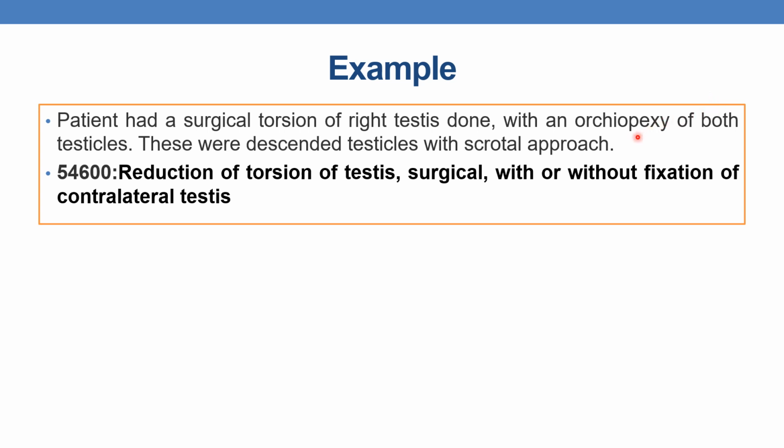Opexy is nothing but fixation, orchiopexy of both testis. So here fixation of testis is done along with reduction of surgical torsion. So the CPT is 54600, reduction of torsion of testis, surgical with or without fixation of contralateral testis.